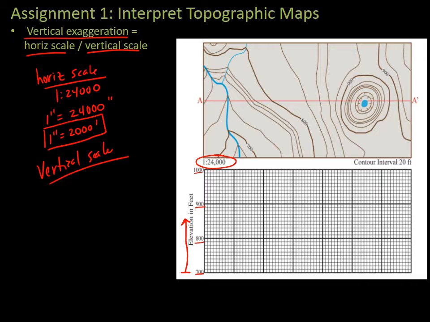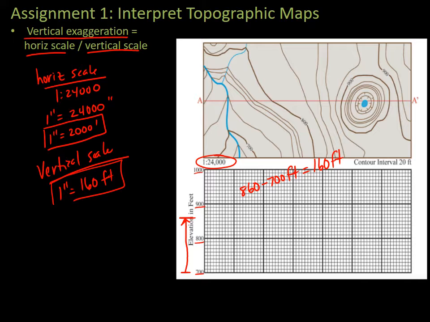I didn't actually measure this. You'll do a better job on yours, but let's say that much is an inch. So how many feet does that correspond to? Well, this line is roughly 860 feet, and I started at 700 feet, so that's 160 feet. So we just measured the vertical scale. 1 inch is the same as 160 feet. And so here's my vertical scale.